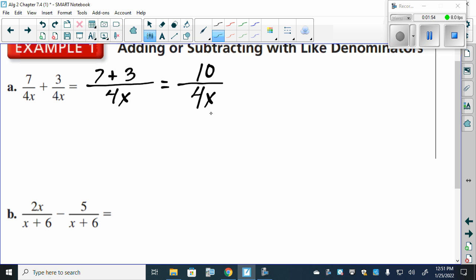Well, 10 over 4 would reduce to what? 5 over 2x. Because they are the same amount. It's the same as saying 1/3 plus 1/3 would be 2/3, because the amount of the whole that we're talking about is 4x.